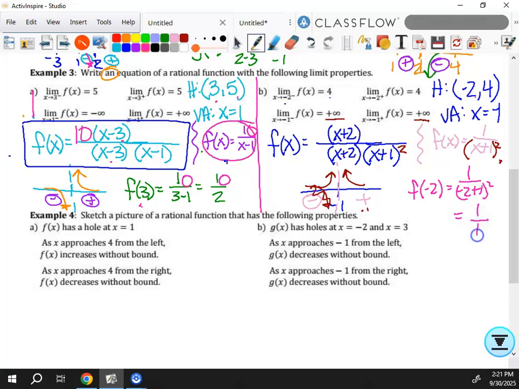So I get 1 over 1. But I don't want 1 over 1. I want what? 4, which basically means I want 4 over 1. So if I want this to be 4 over 1, then this would need to be a 4, which means this needs to be a 4, and I need a 4 right there. Okay? Nuna, you got that?